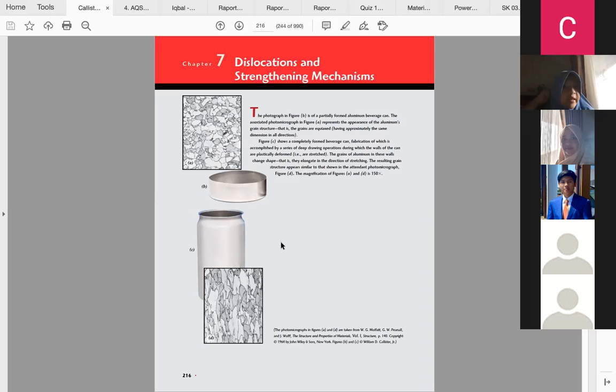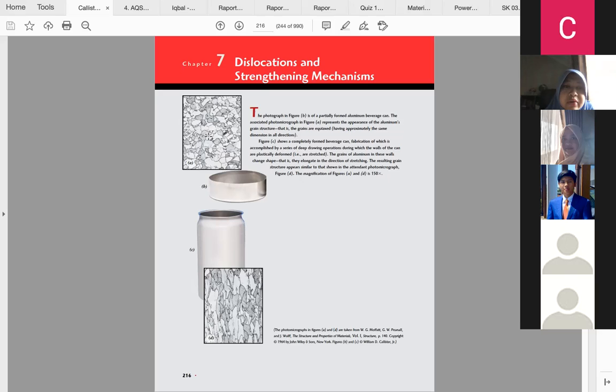Okay, and after that, if we look at the microstructure, you cut a slice and put it under an electron microscope. In microns, you will see this picture, and it tells you about the grains.